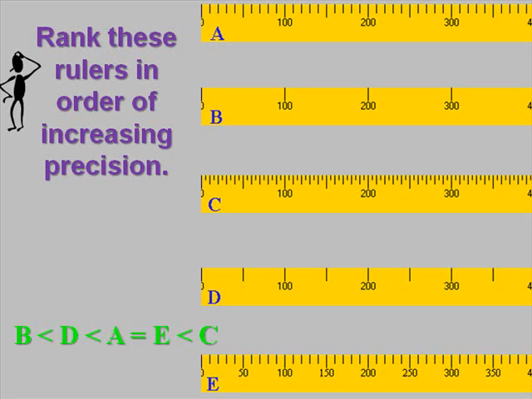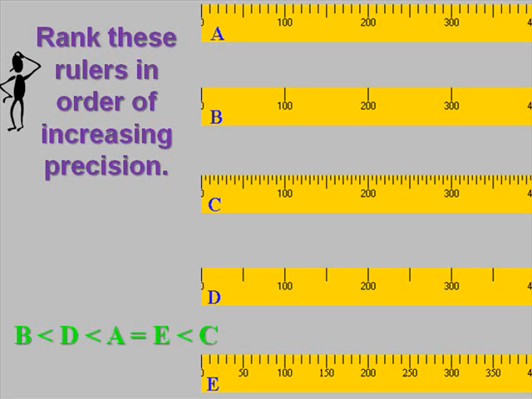Therefore, it's broken the distance down into smaller increments, and it gives you a greater precision. A is further subdivided from there, and A and E are in fact the same level of precision. Bit of a trickster there, because what has been provided in E is the number 50 between 0 and 100. But the actual distance 0 to 50 in E is in fact the same distance it is in A.